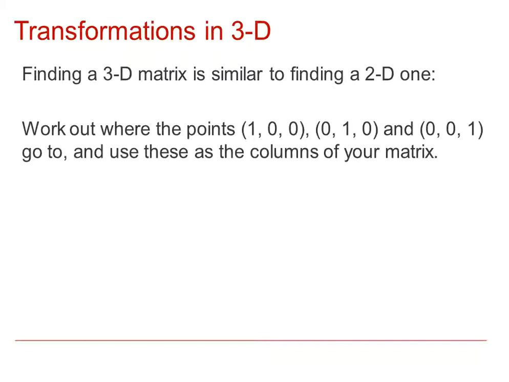So the first column of your matrix will tell you what happens to 1, 0, 0. The second column of your matrix will give you the image of 0, 1, 0. And the third column of your matrix will be the image of 0, 0, 1.